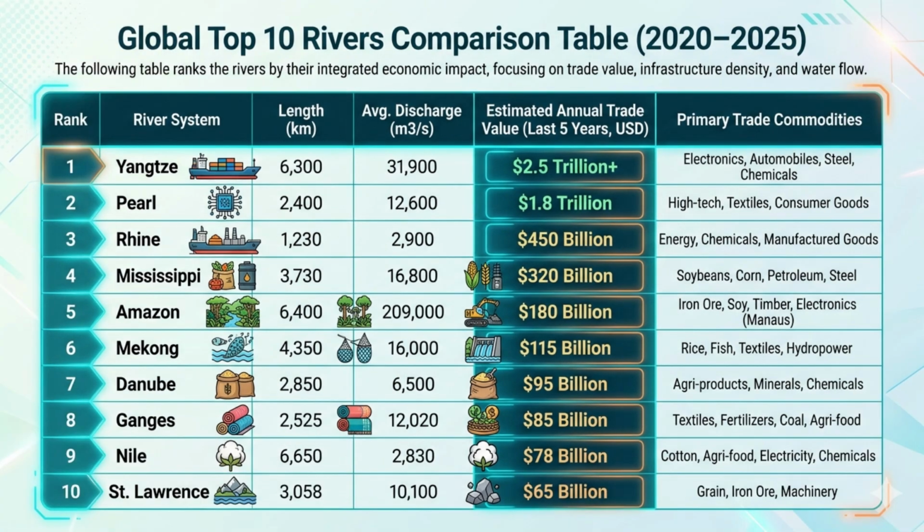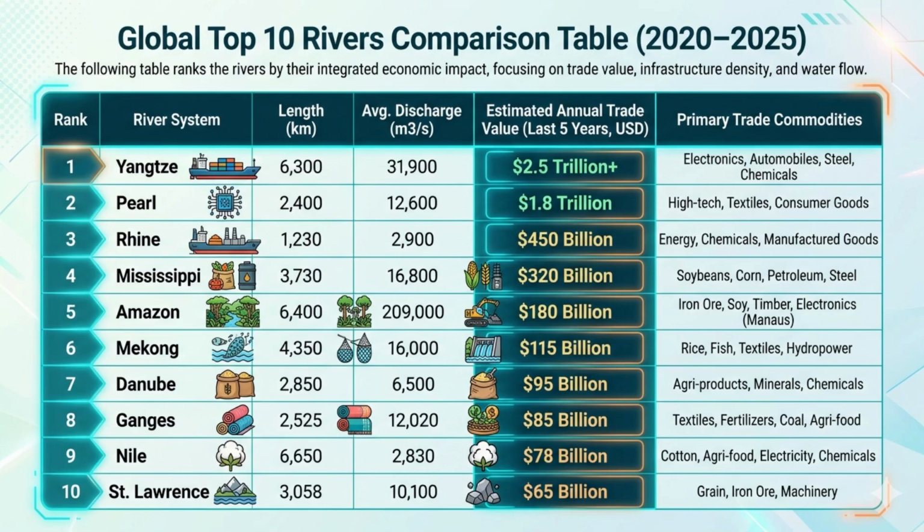Now, this will be a very important slide for this video. To explain all the busiest rivers in the world, the best way to present the information is through an informative slide, because it is not practical to go through each river in detail one by one. Just for comparison, I put out the world's top rivers from 2020 to 2025: the length, the average cargo in metric tons that passes through the river, and the most important thing, highlighted in the fourth column, the estimated annual trade value.